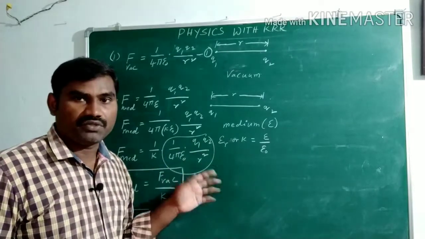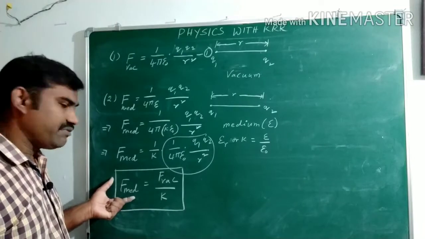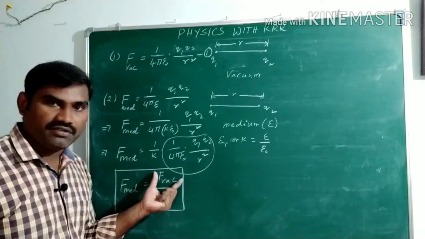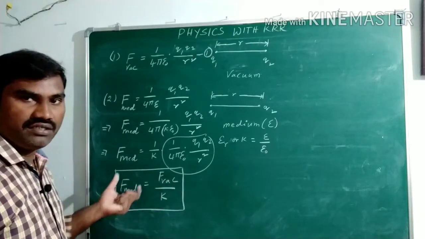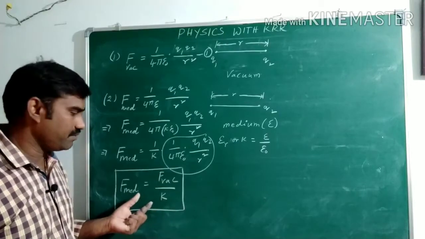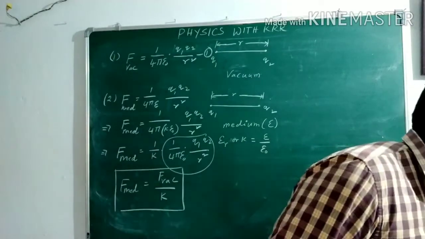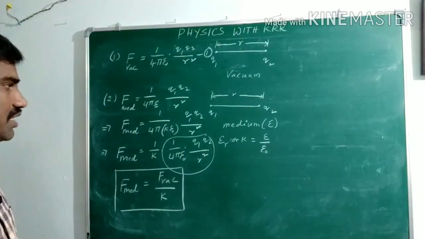Now what is the force experienced by those charges? Force between the two charges when placed in medium is equal to force in vacuum by k, which means the force between the two charges decreases by k times. That is the effect of medium on electrostatic force between the two charges.